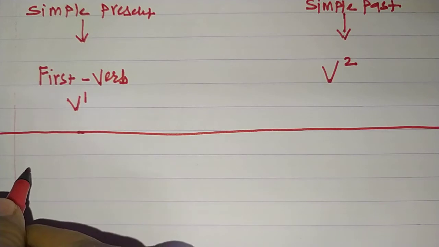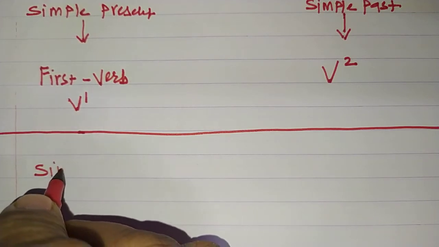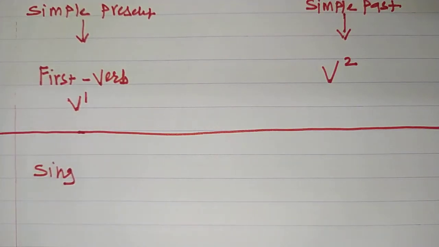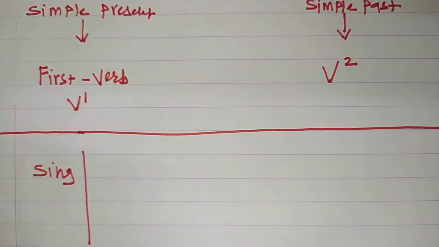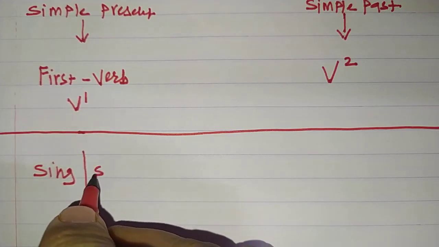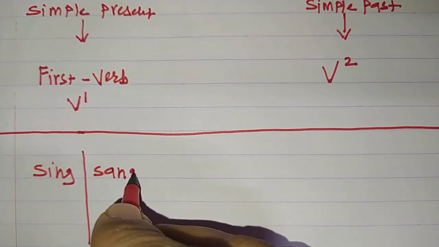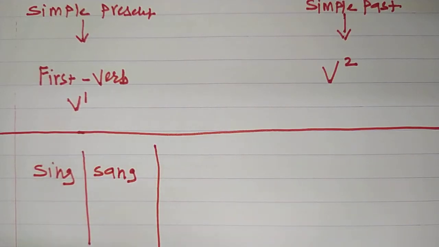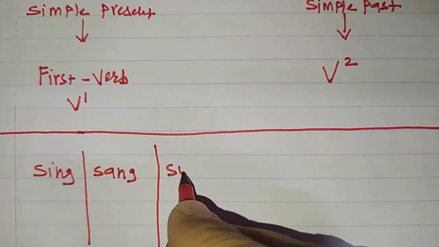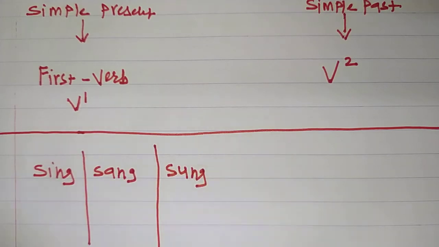Now if I write the verb sing, so sing is the first form. What is the second form of the verb sing? Sang. And the third form of the verb sing? Sung. See once again.